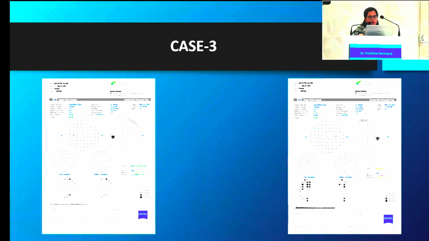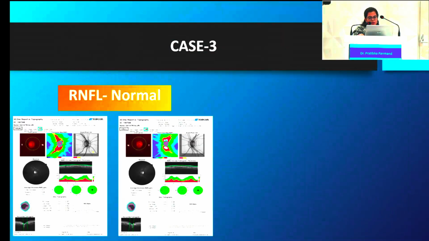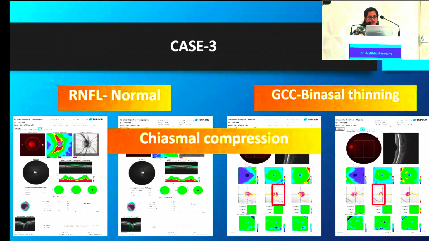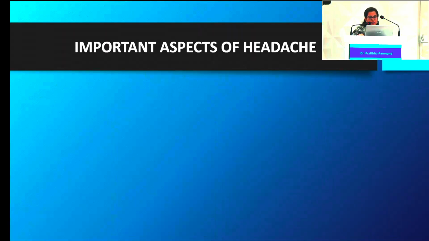Her visual fields were normal, her RNFL was normal, and the GCC showed early binasal thinning, again suggestive of a chiasmal compression. So there are certain important aspects of headache that one should be aware of.